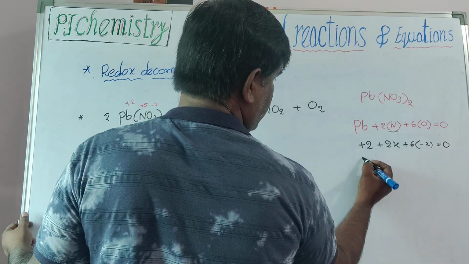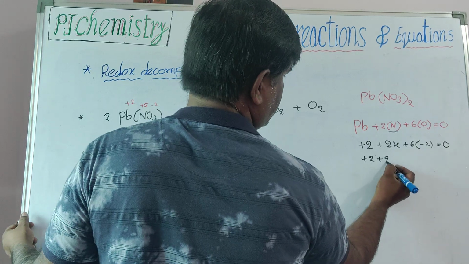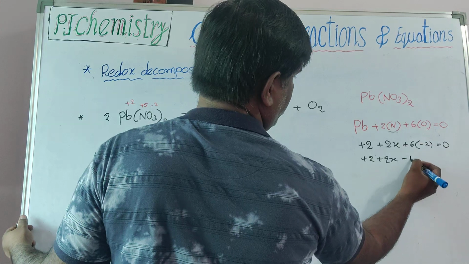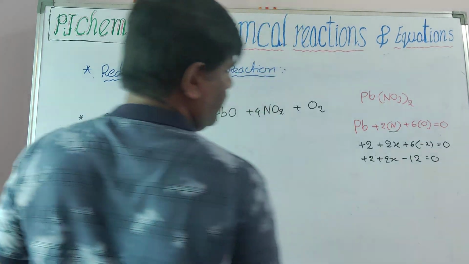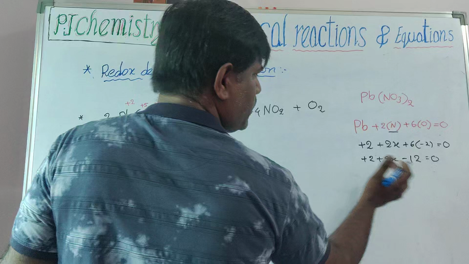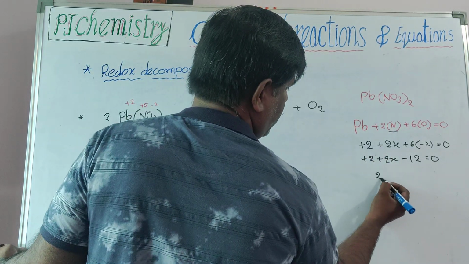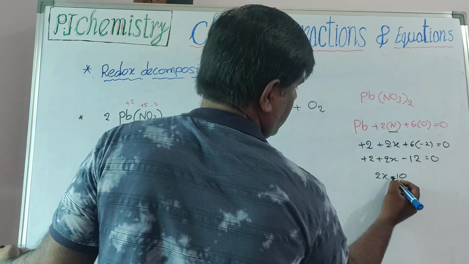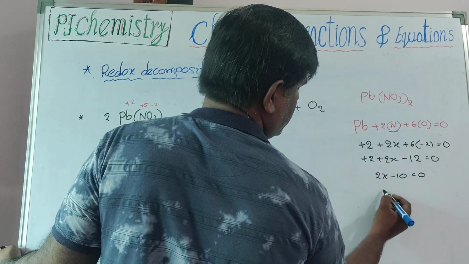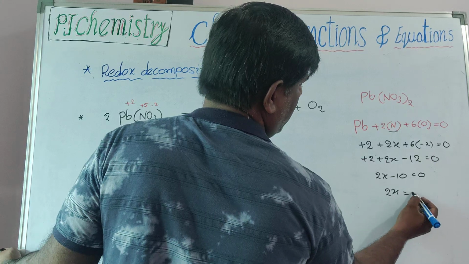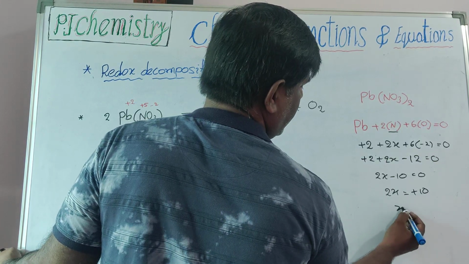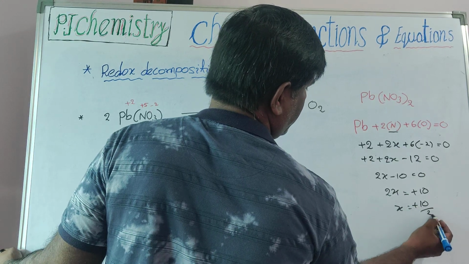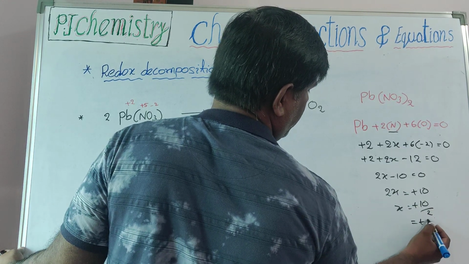Now simplify it: plus 2, plus 2x, minus 12, equals 0. Minus 12 plus 2 is minus 10, so 2x minus 10 equals 0. 2x equals plus 10, x equals 10 by 2, that is x value plus 5.